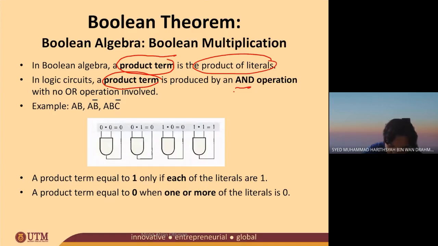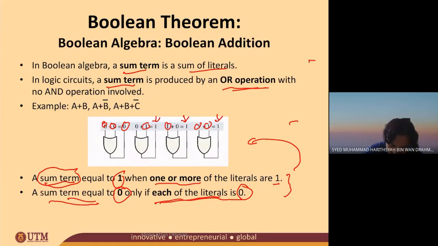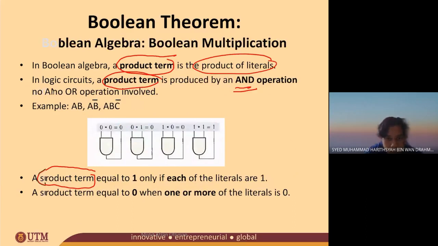For Boolean multiplication we use the term product term. Previously we used the sum term representing the Boolean addition, and here the product term represents the Boolean multiplication. The product term is equal to 1 only if each of the literals is 1.